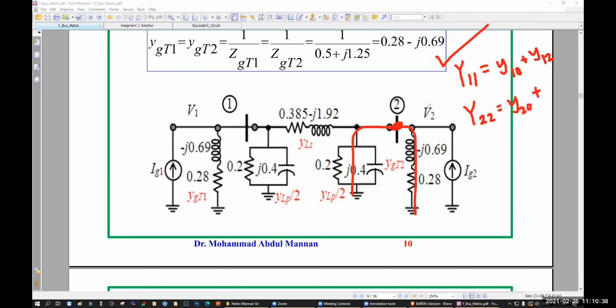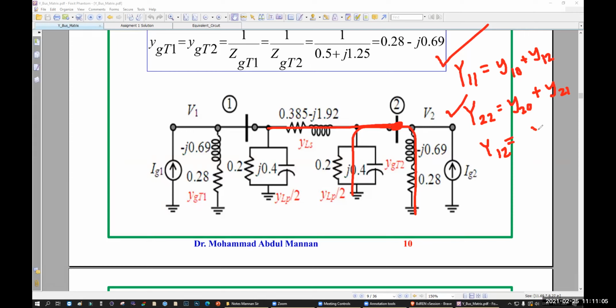Plus this one as well, Y21, right? Understood? Yes, sir. So this is your Y22. Now, what about your Y12? This one is also self-admittance. What is your Y12? That is your mutual admittance.